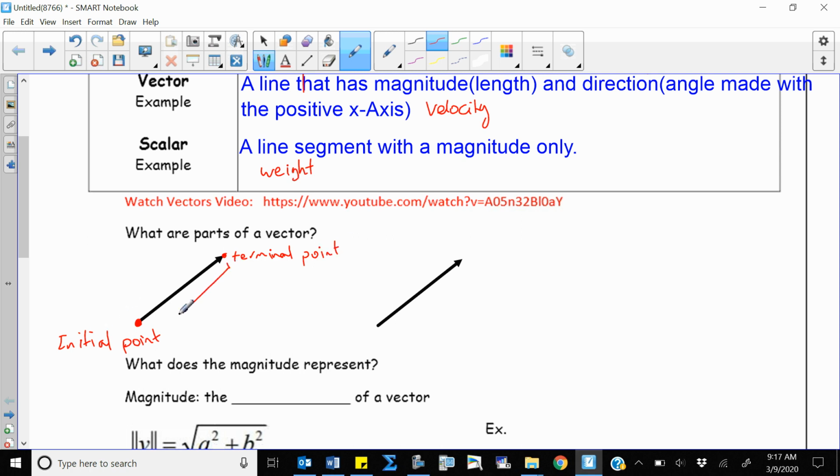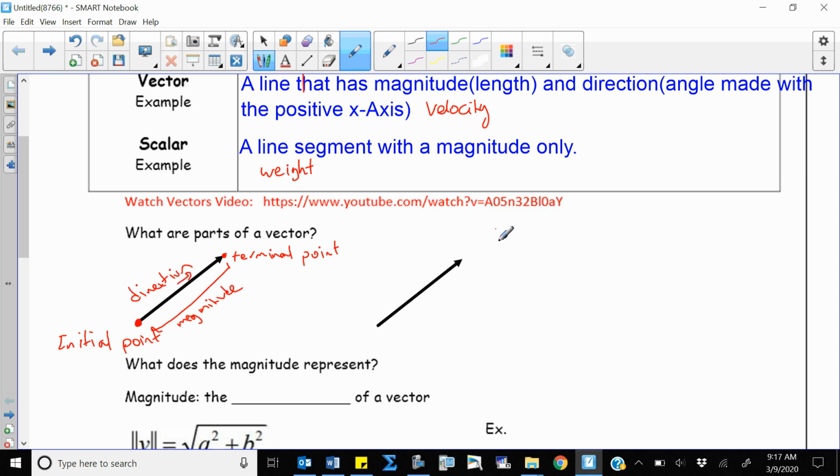The length of this line is the magnitude. And it also has a direction, which is basically the angle which is made with the positive x-axis.